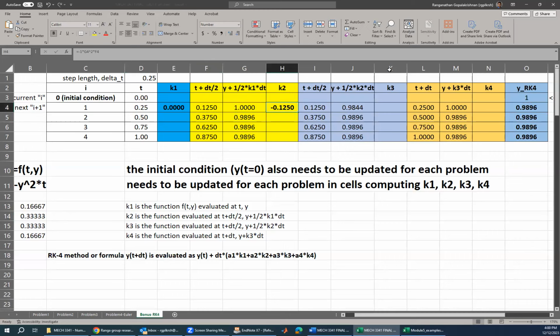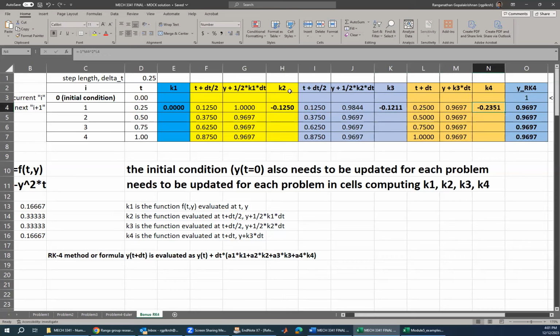The sequence is, to get k1, you need to know this initial condition. To get k2, you need to know k1. To get k3, you again need to know k2, which is minus y squared times time. So that is minus 0.1211. And then this is minus 1 times y squared times time.